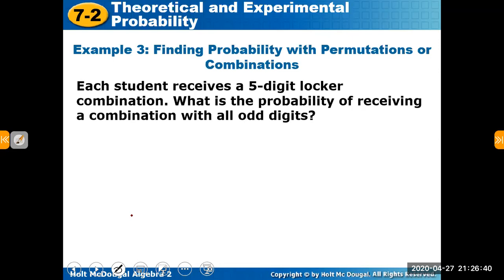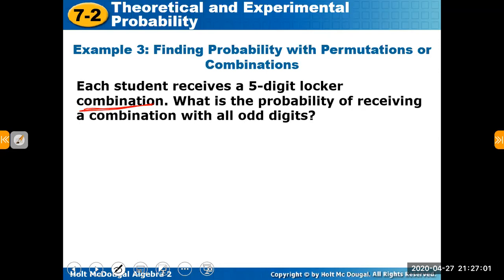So first thing we need to notice here is it did not say that the number cannot be repeated. And don't get confused just by reading this combination as the question is of combination. No, it's not.